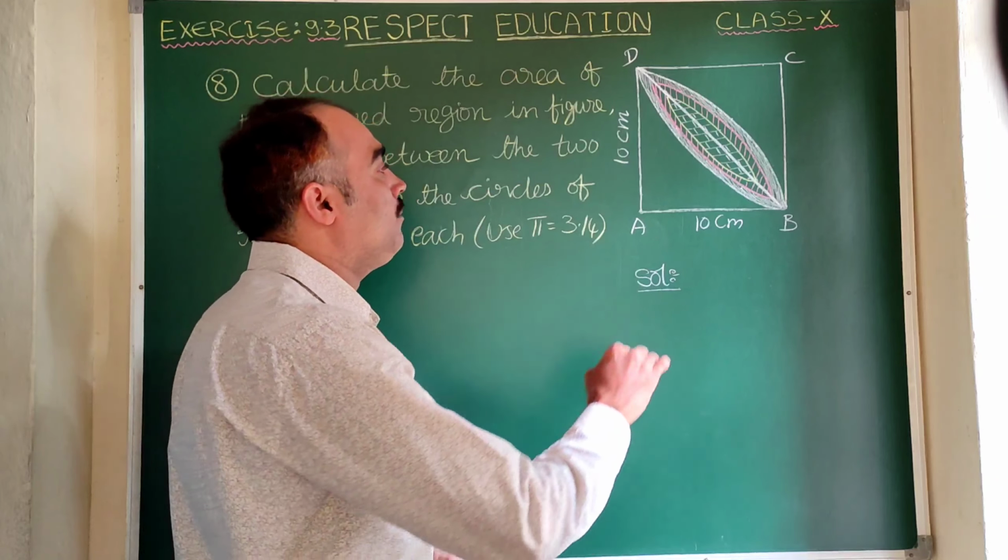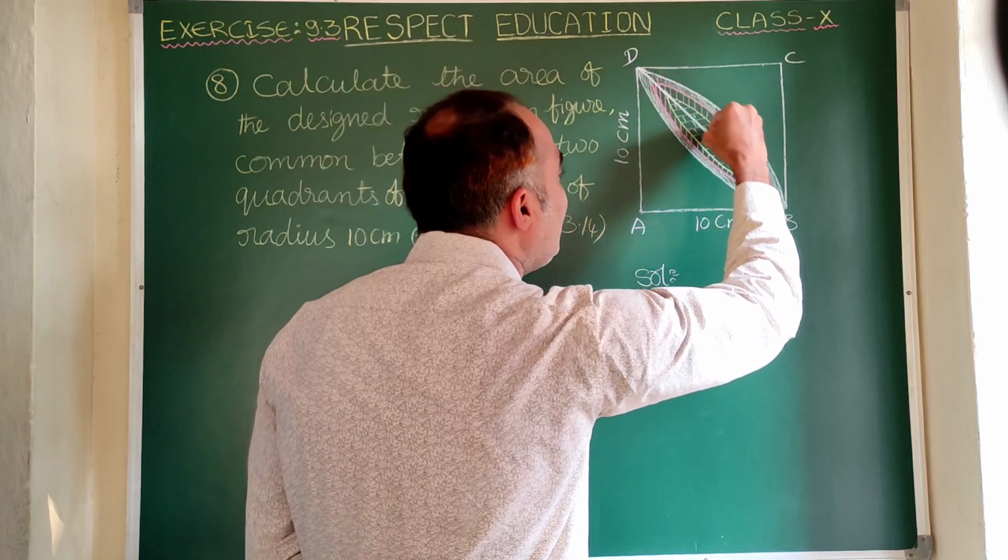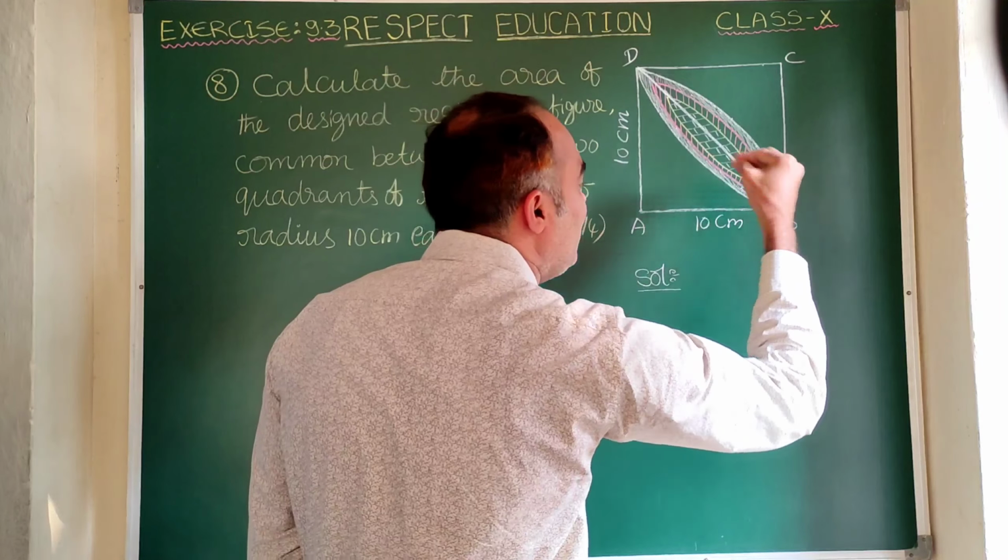Before starting the problem, let us join here BD. Let us join BD. Now we see what happens. Consider this point as P and this point as Q. Now observe carefully.